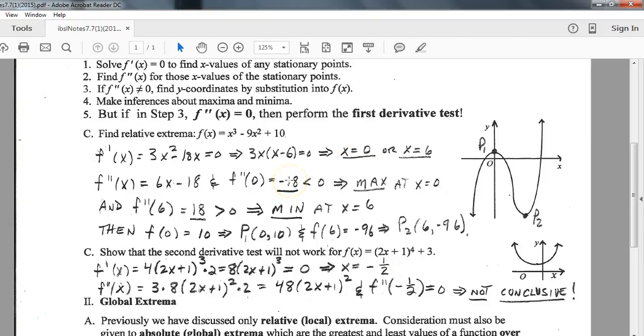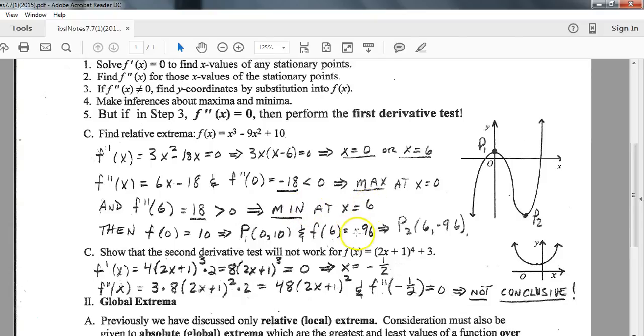That means in that area of the graph, the graph is concave down, which means this is a maximum point. If I do the same thing for my other x value, if I plug a 6 into the second derivative, I can see that it is positive, which means in this area of the graph it is concave up. Therefore, I would have a minimum value within that area at x equals 6.